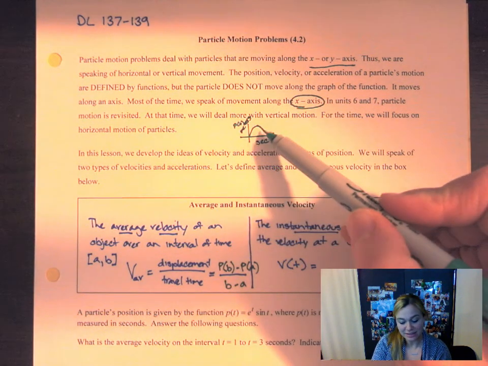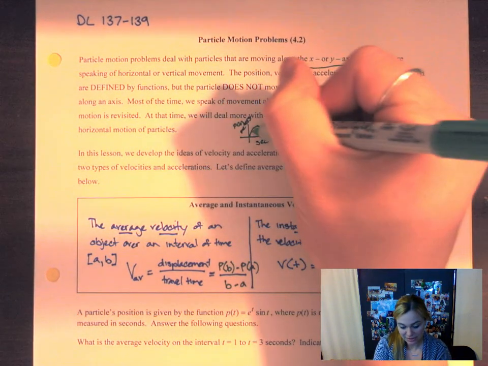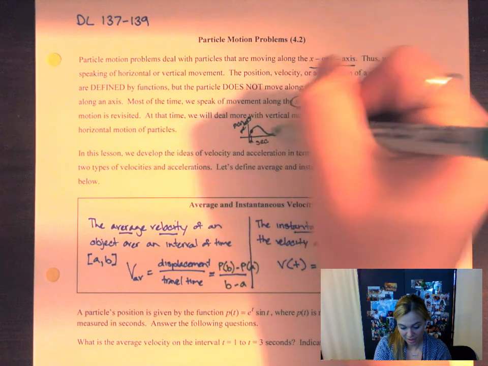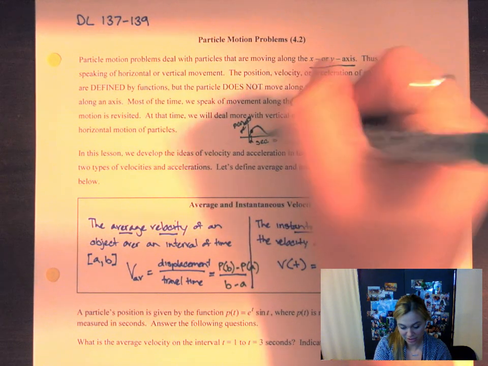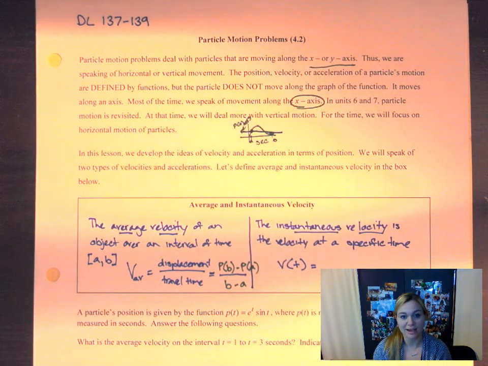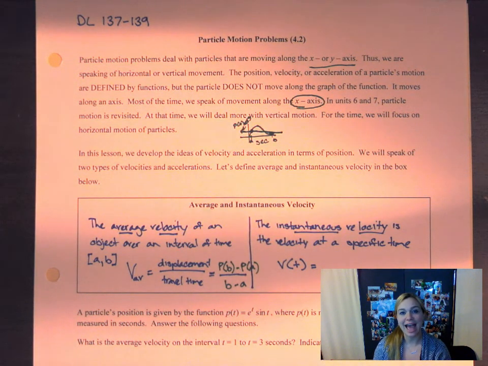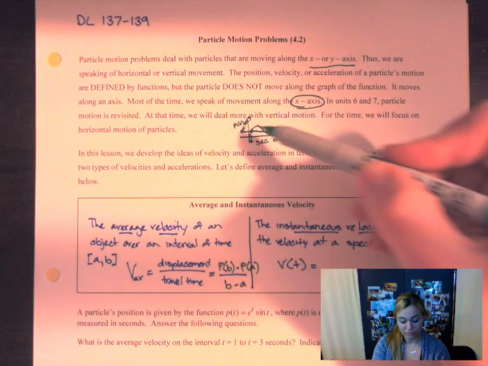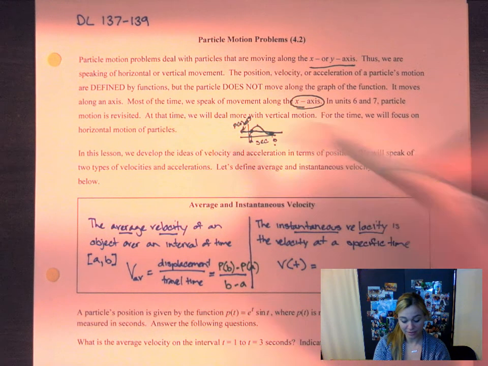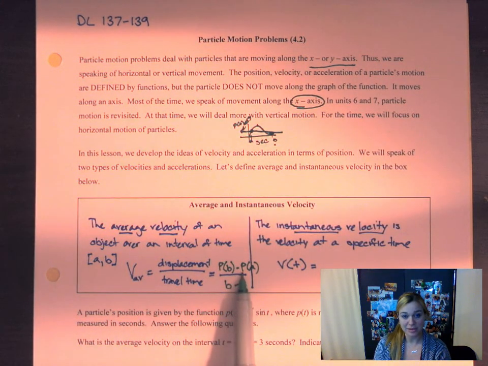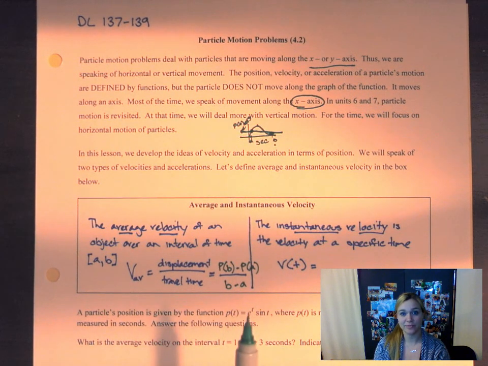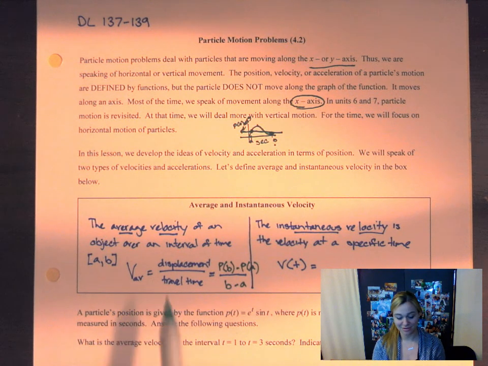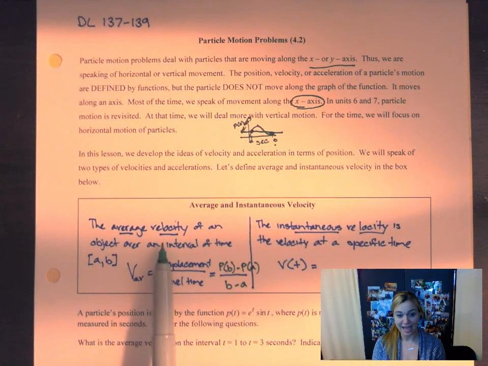If I were to take the slope of this line, say from A to B, so from here to here, I would be finding an average rate of change over meters per second, because P of B minus P of A would be meters. B minus A is just my time, seconds, and I'm given velocity. So you take the average rate of change of position. This is where I get average velocity.